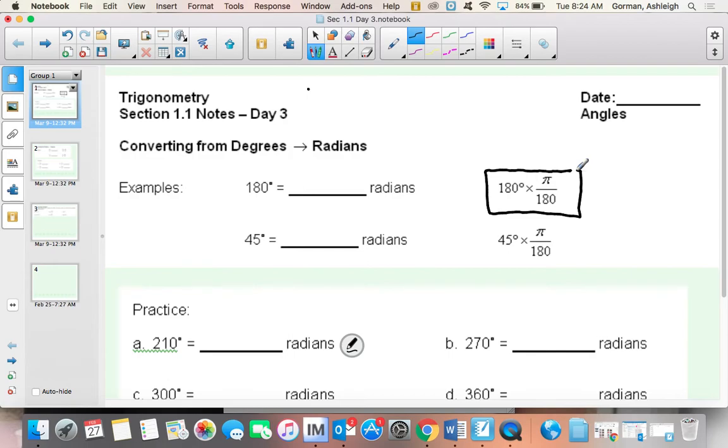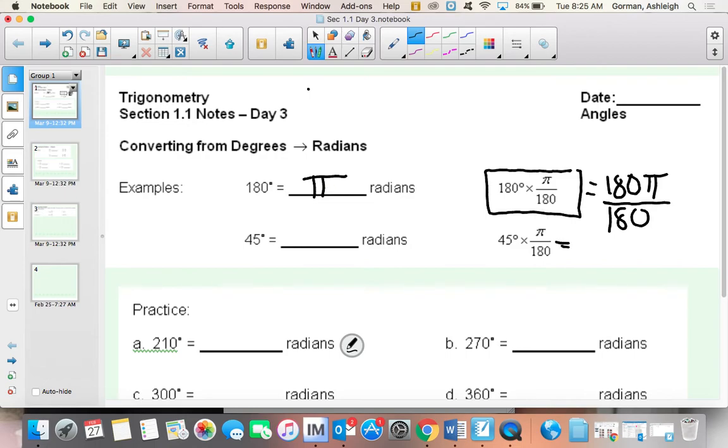So if I do 180 degrees times pi over 180, that's 180 pi over 180, which is just pi. That should be no surprise because yesterday we talked about 180 degrees being half of a circle. You also remember, if I do a full circle or one full revolution, that was the same thing as 2 pi radians. So if I go halfway around the circle, I'll have pi radians.